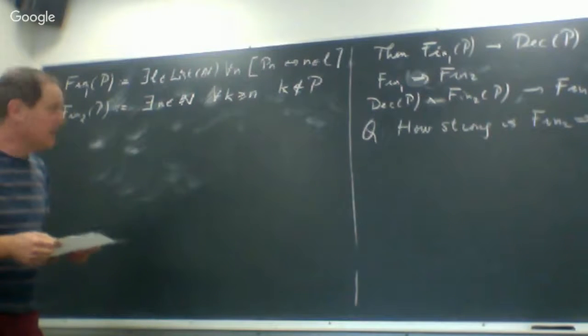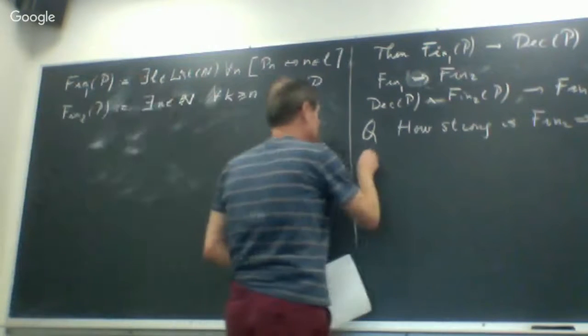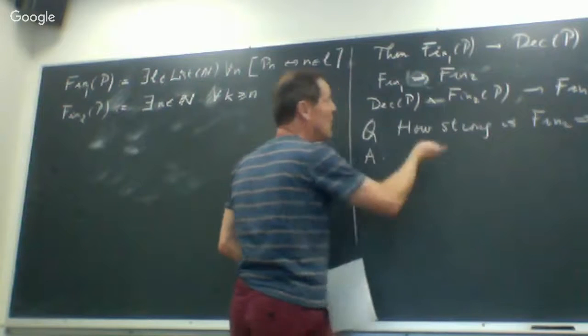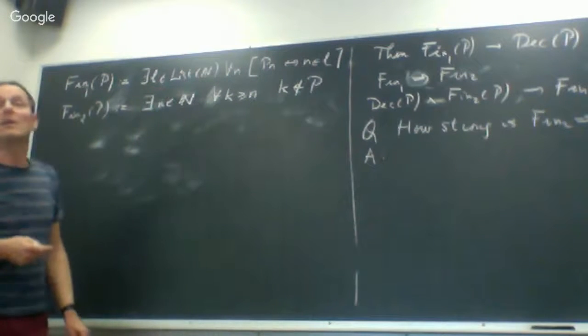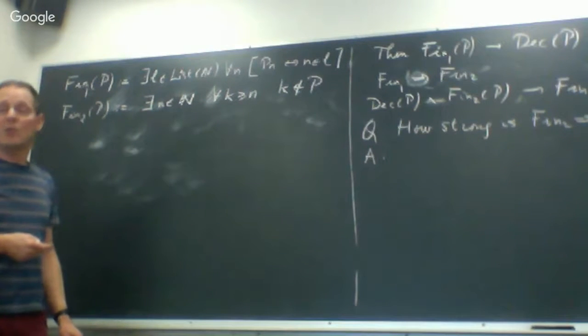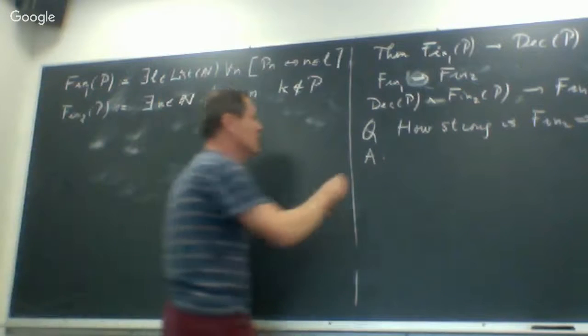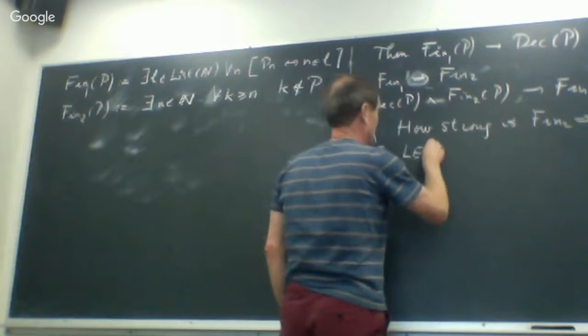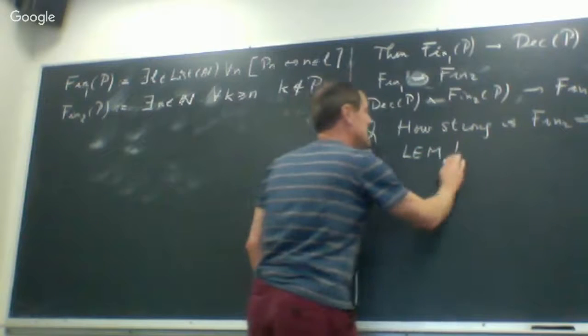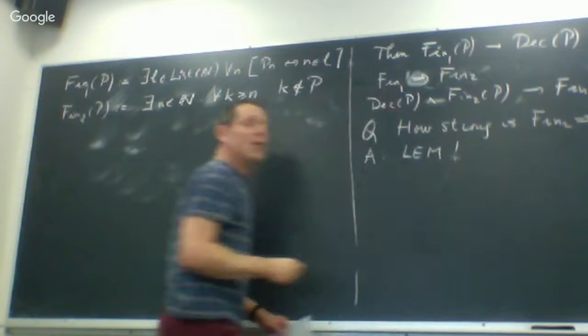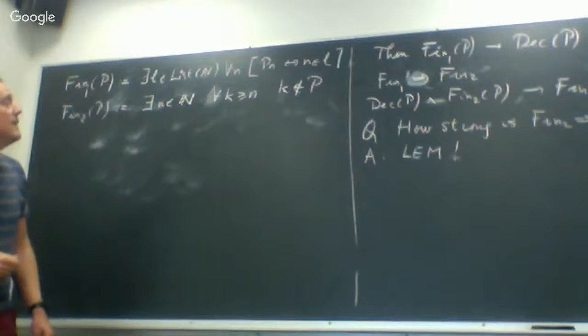And the answer is that the converse gives you already the law of the excluded middle. Yeah. So it means that it's really a whole lot weaker. And so how do we do that?